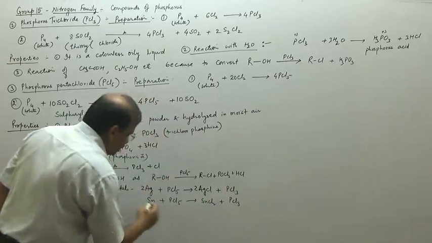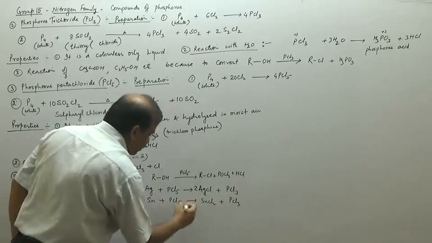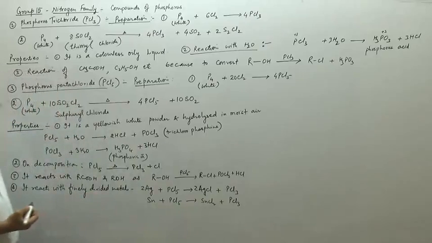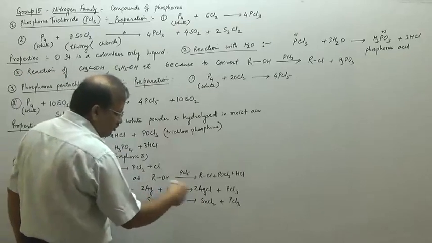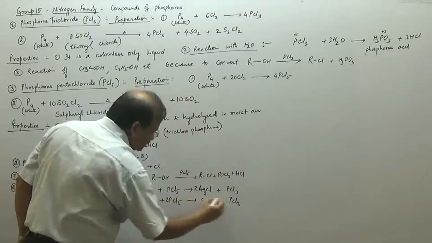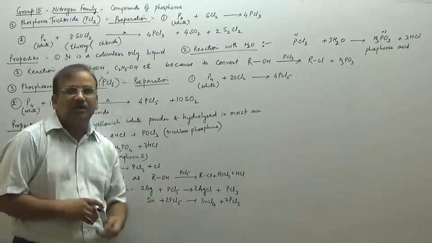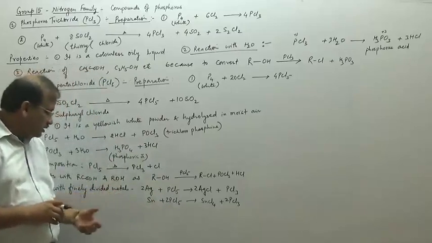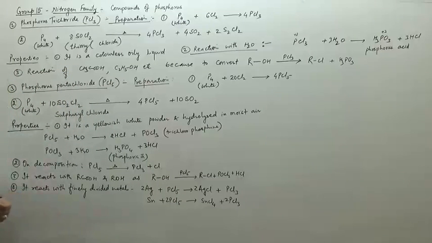SnCl2 further reacts with PCl5 to form SnCl4. That is how we write the reactions with metals like silver and tin.